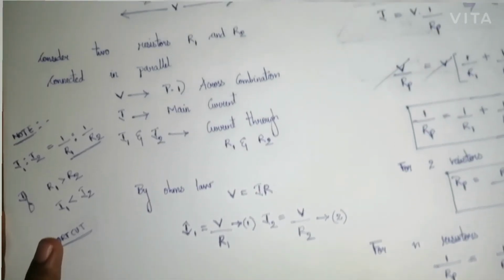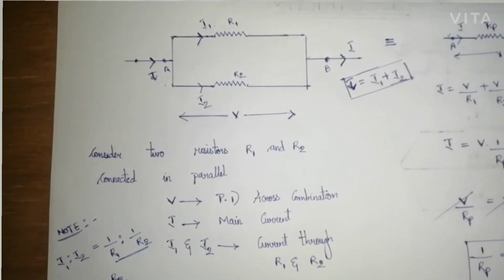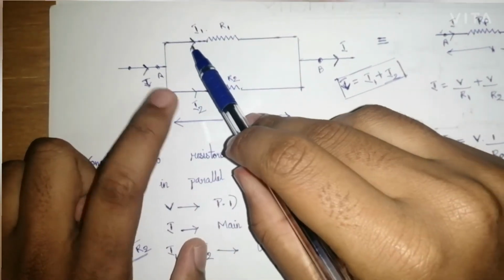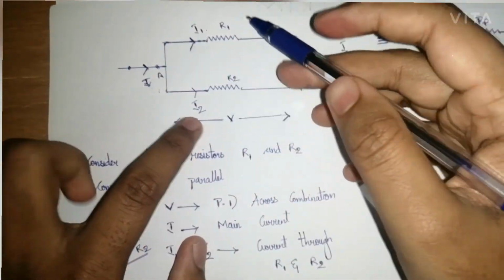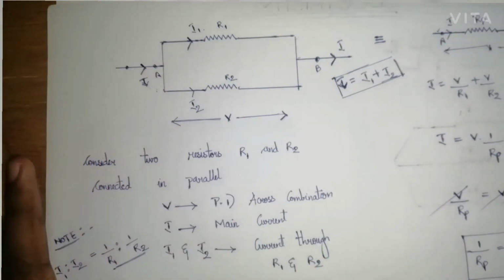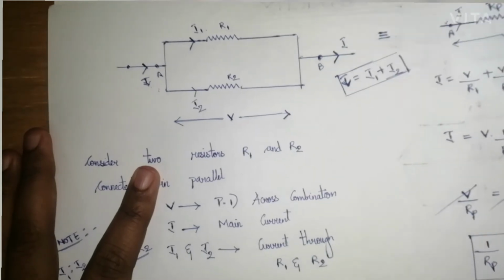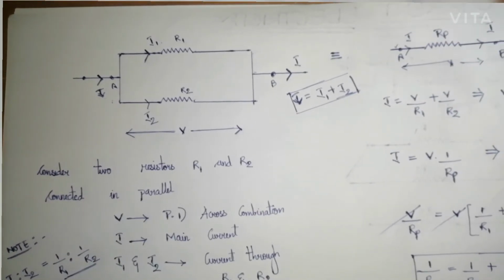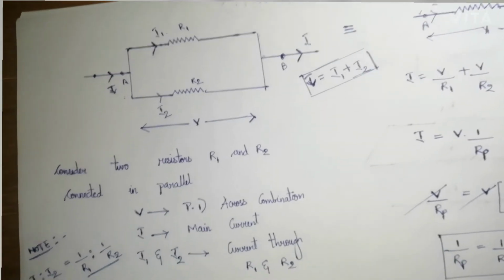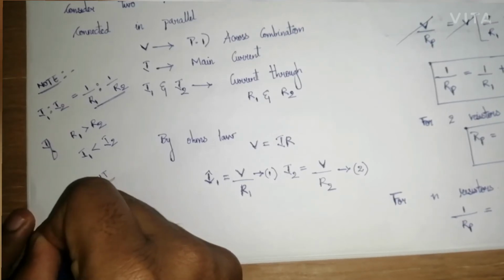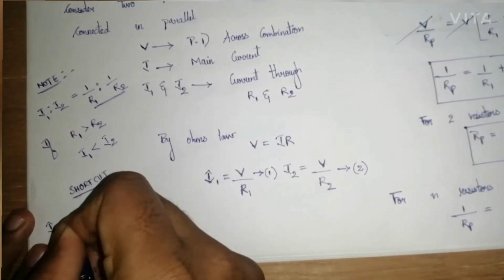See, I'll show you in this diagram. You have your I here, and you have I1 and I2, and your two resistances R1 and R2. If you want the branch current, calculate the branch current. I've seen this in most of the JEE papers. Trust me, most of the JEE papers I've seen this. That will be the main current flowing through I1.